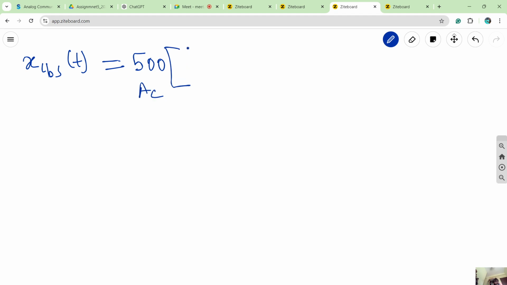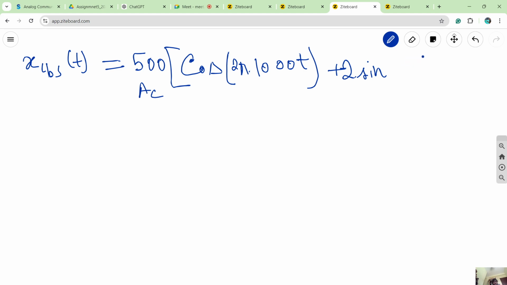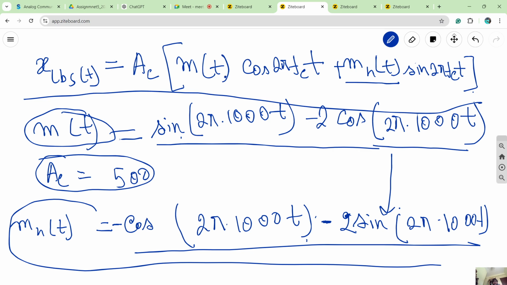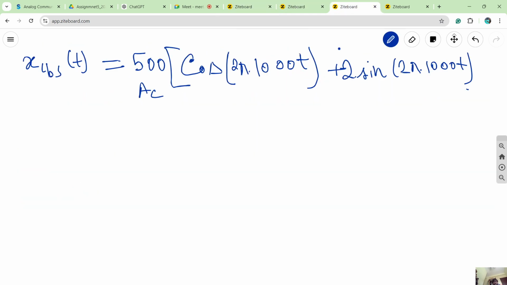Then I am putting the value of m(t). This is the part m(t), over negative sign.